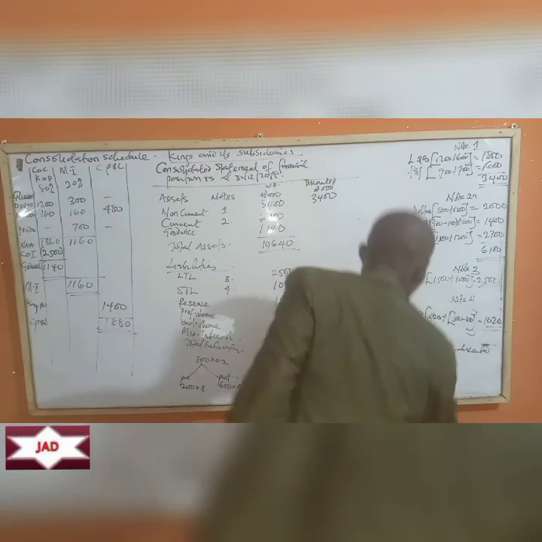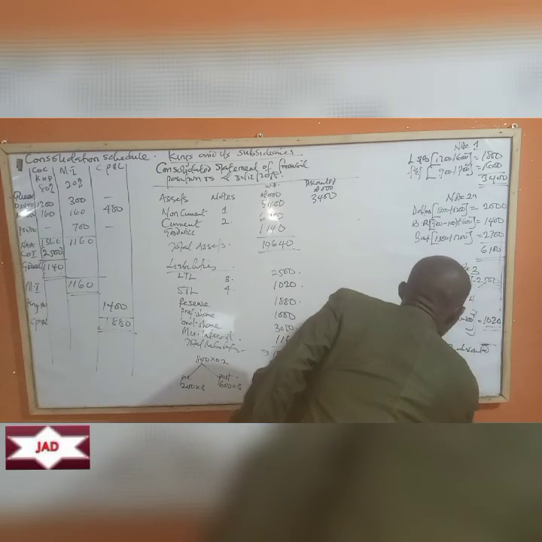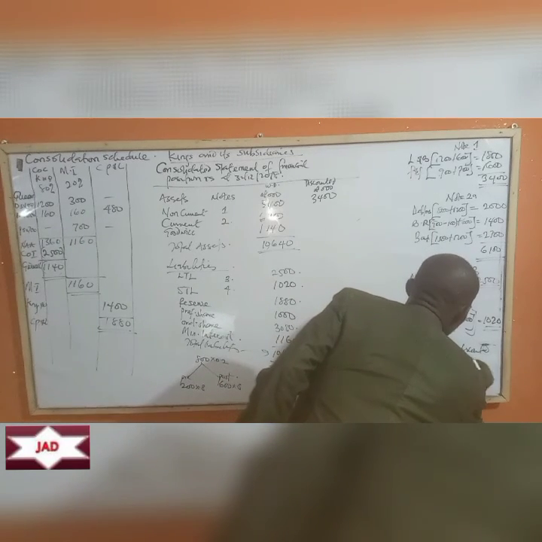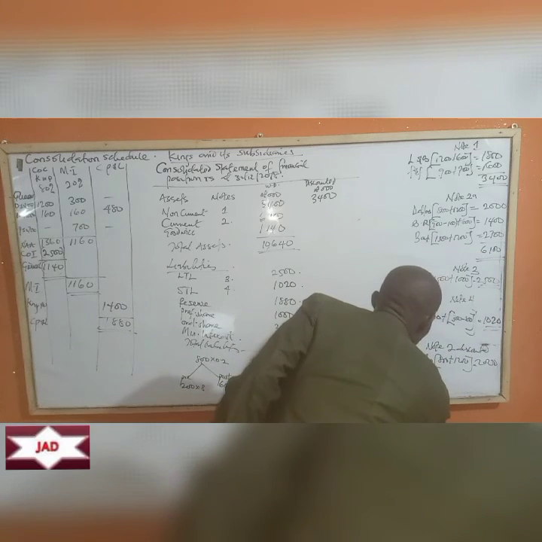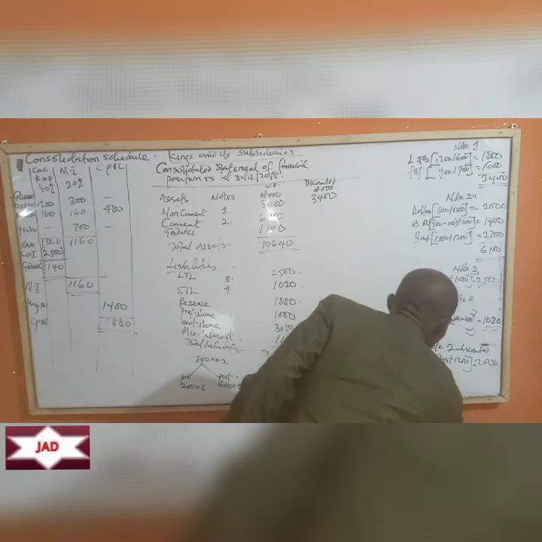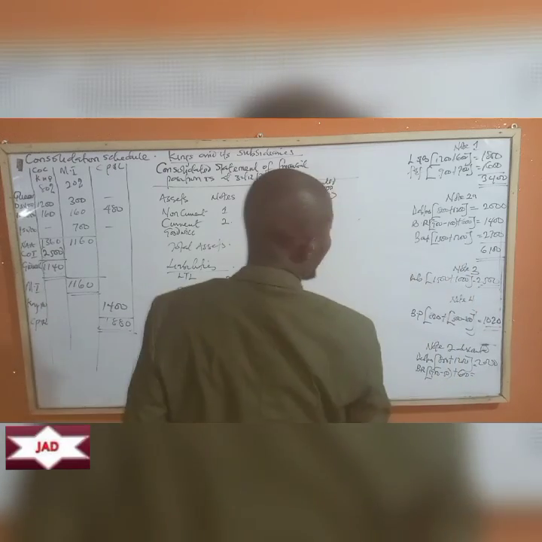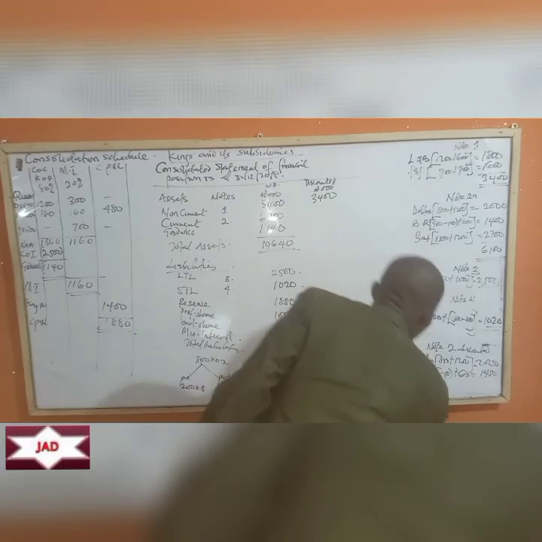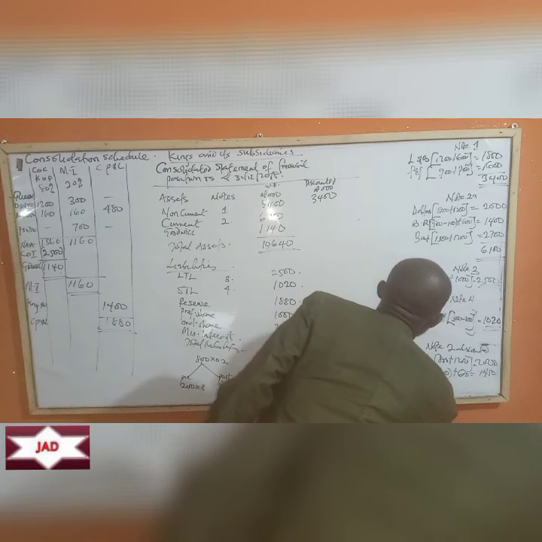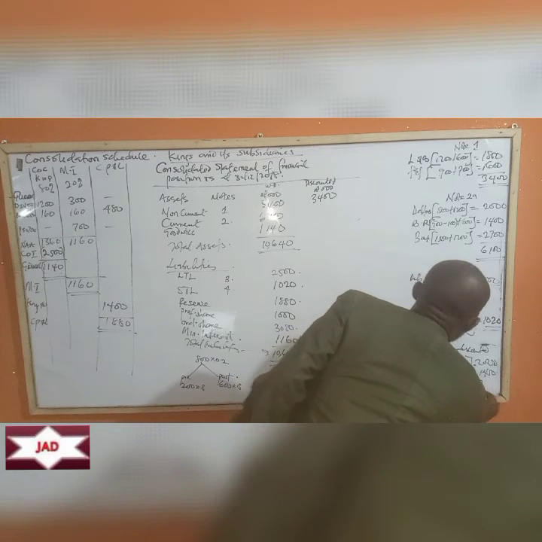So that means debtors will be the same thing. 800 plus 1,200. That's 2,000. Bills receivable will now be 900 minus 50 plus 600. So that will be 850 plus, that will be 1,450. Bank will remain the same. 1,500 plus 1,200. That's 2,700.